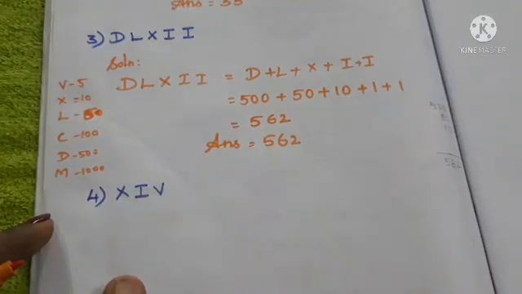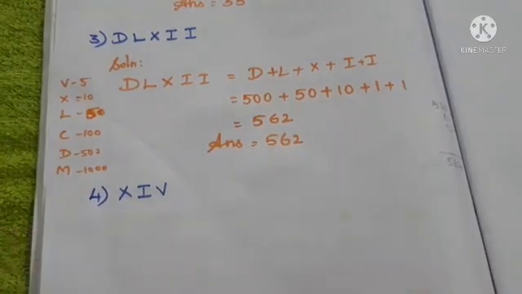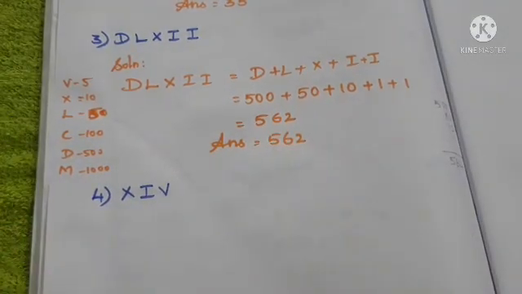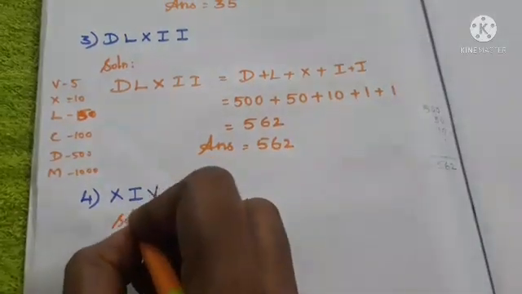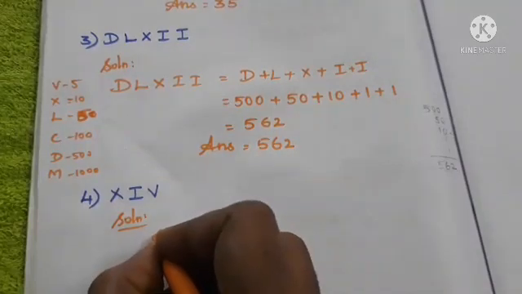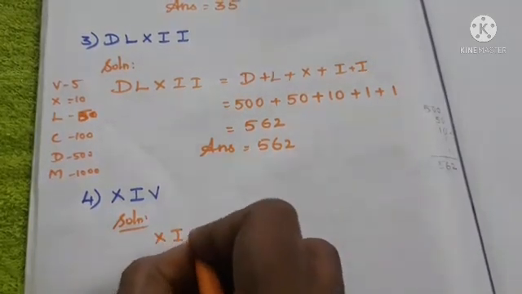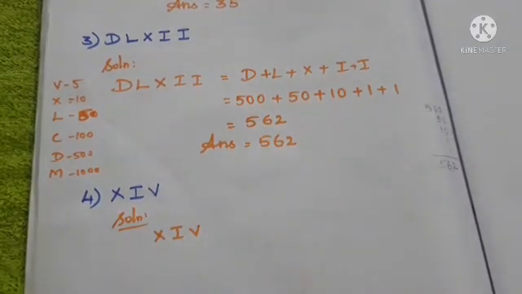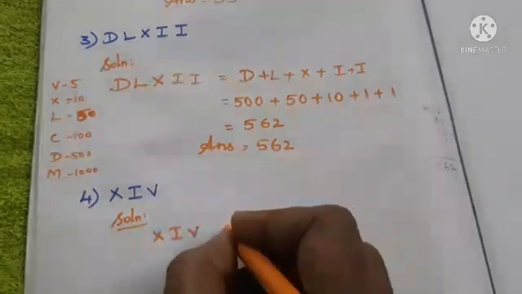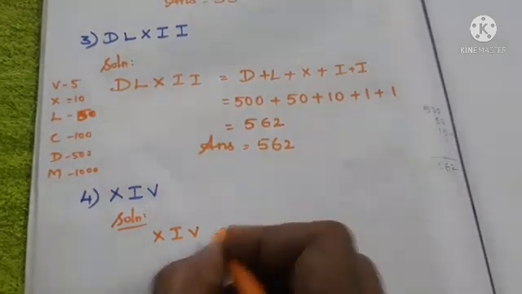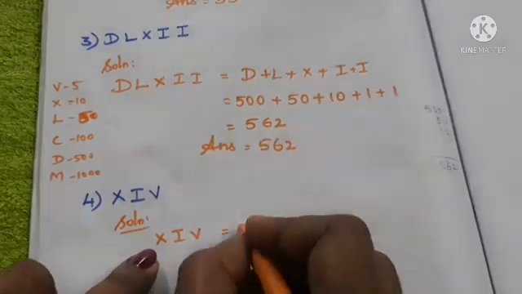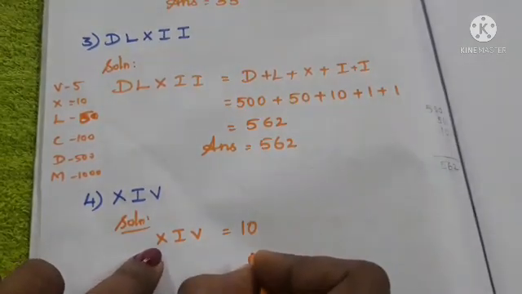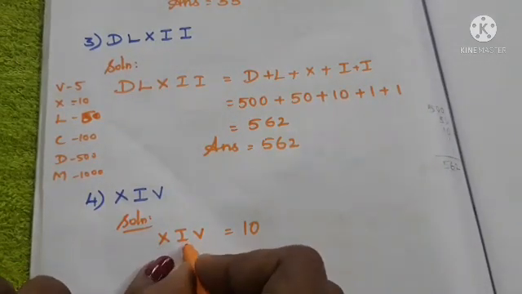So next, fourth problem we have XIV. We can write the solution and write the question XIV. Here X means 10. Next I is there, next V is there.